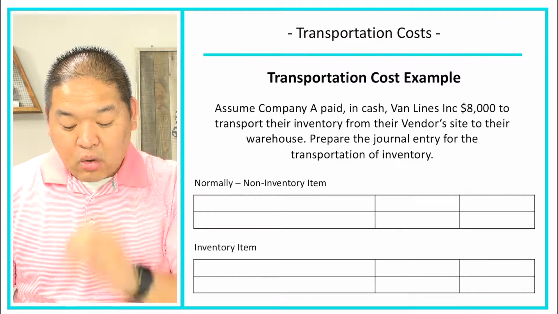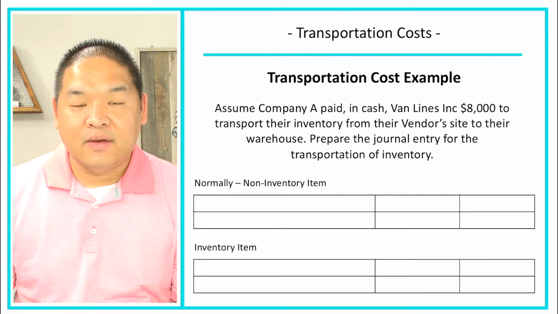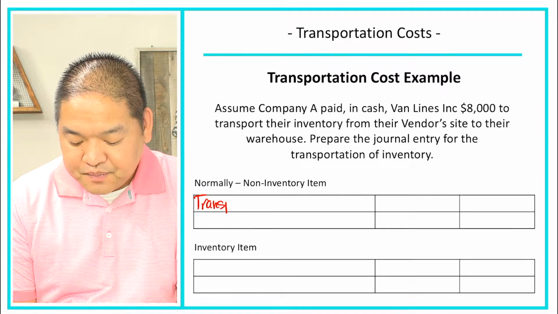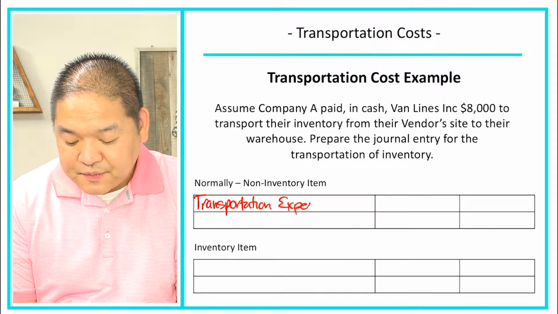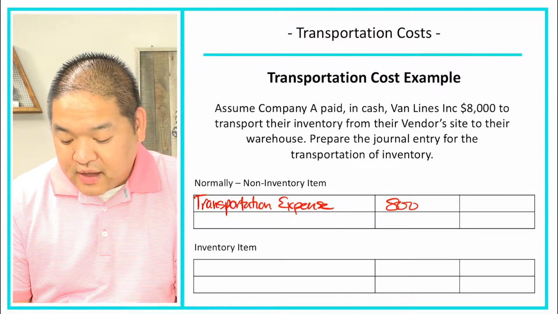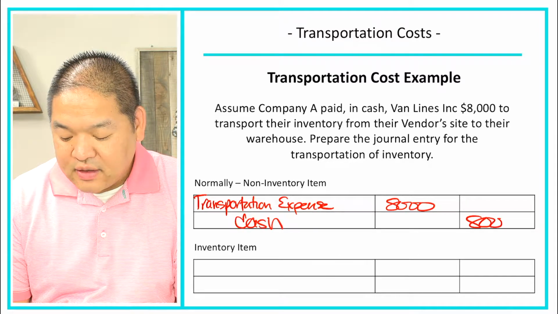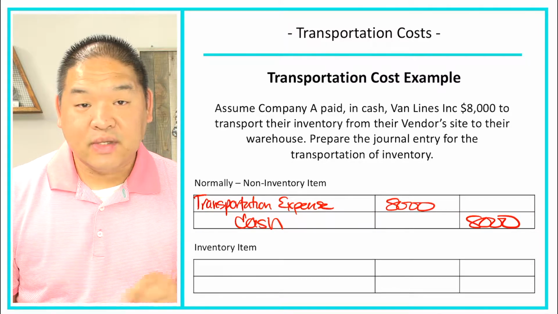So, normally, if this wasn't an inventory item, we would do this journal entry. So we would debit transportation expense for $8,000 and then we would credit cash for $8,000. That's what we would normally do, but this has to do with inventory.